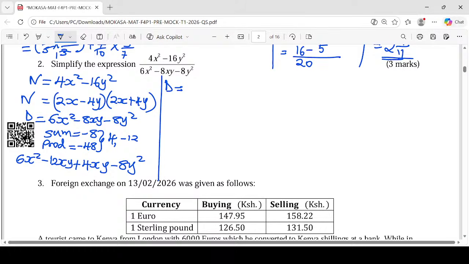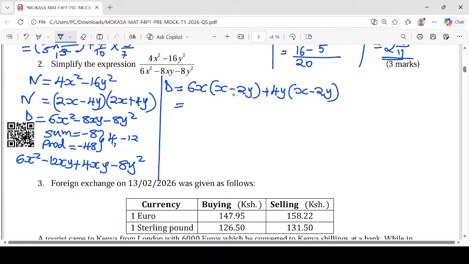So, in between 6x squared and -12xy, the common factor there is 6x. We factor it out, 6x, whereby you'll be left with x minus 2y, then plus 4y into x minus 2y that way.